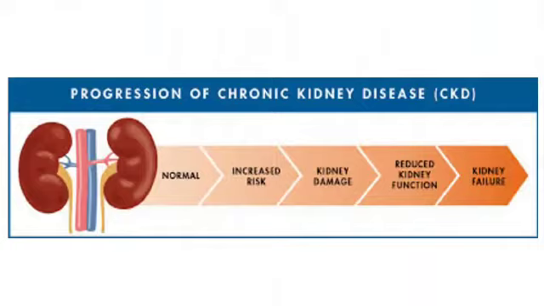But before going to that, we will discuss chronic kidney disease, in which the kidney is affected at different pace by different stimuli. On the right hand side, you can see the kidney is functioning normally, while due to any factor the risk of its damage increases, and when the kidney starts to damage, its function is reduced, and when the function is reduced, the kidney fails, means it stops functioning in a normal routine way.